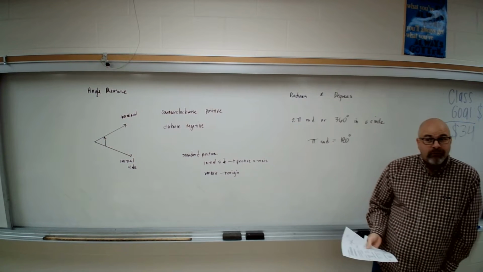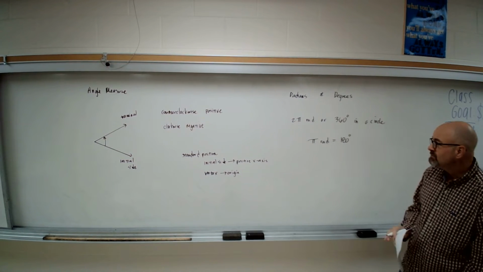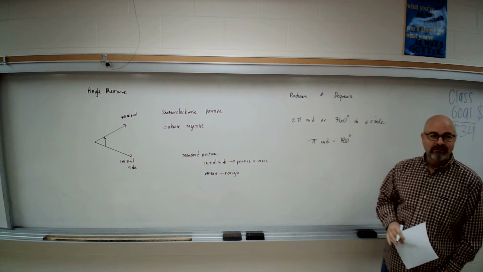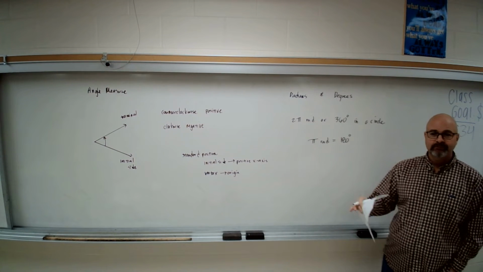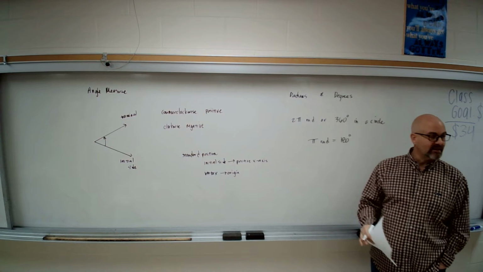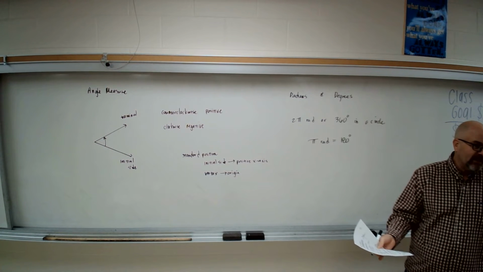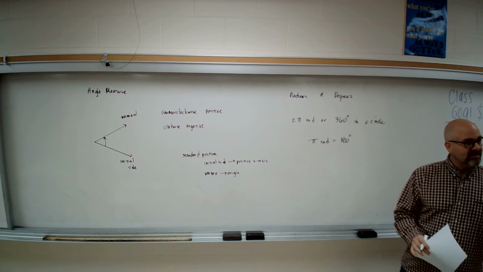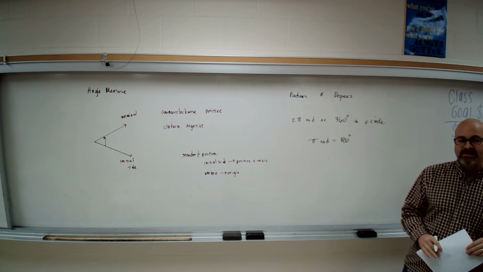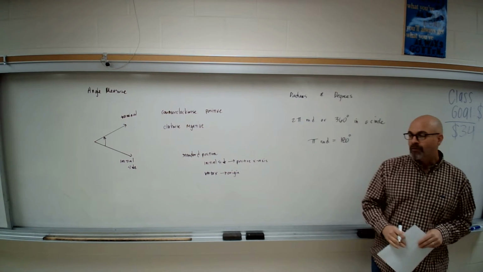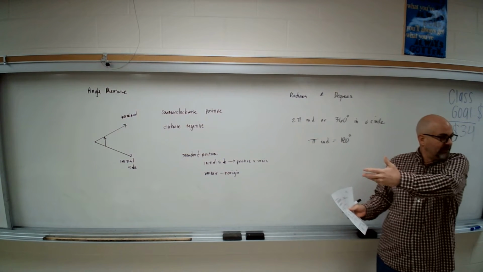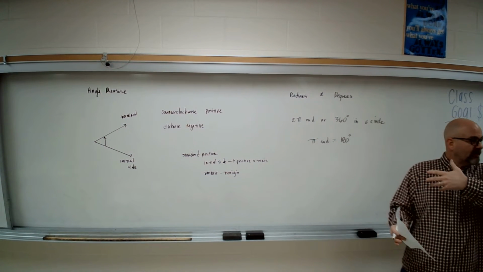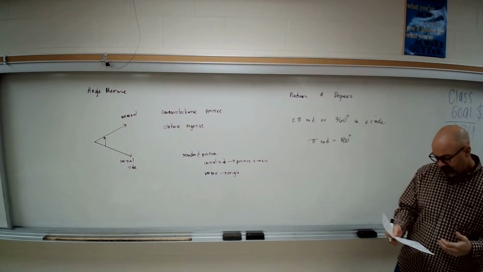Now you will see formulas sometimes, but I would highly, highly recommend that whenever you're doing this, you just do dimensional analysis. Go back to freshman science class, or I'll show you how to do it. Using the dimensional analysis idea is much, much easier. You don't have to remember formulas. All you need to know is some equivalency: pi radians is the same as 180 degrees, and it'll always work for you.